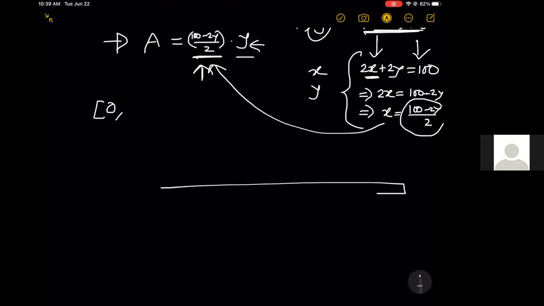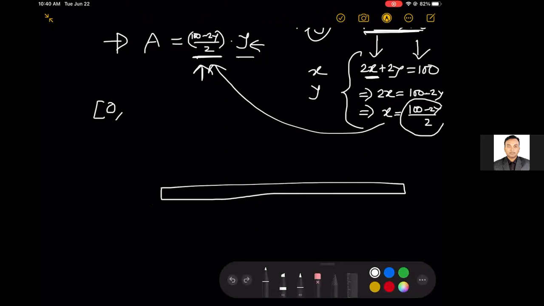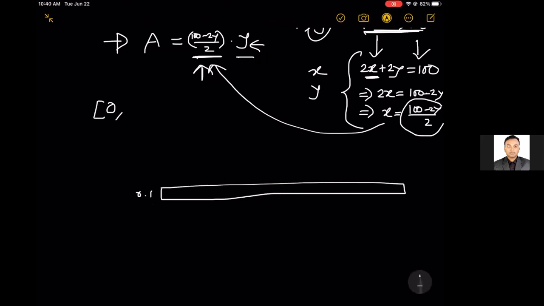Even if we pick like this, I didn't draw it right, but you can see it's a rectangle. Even if we pick half and a half, or even a 0.1 or 0.1, right? This length cannot exceed 50.